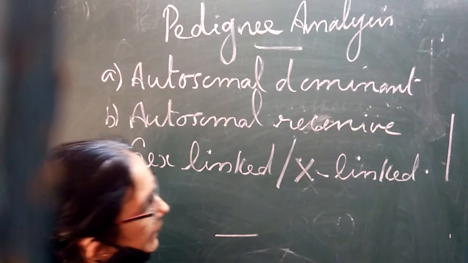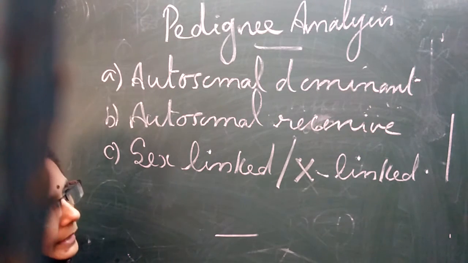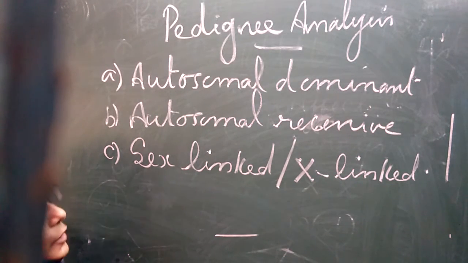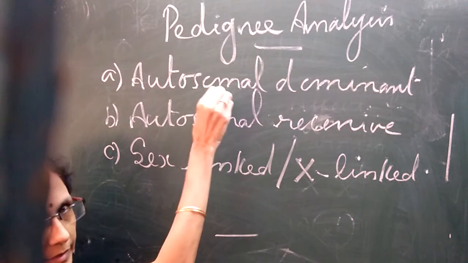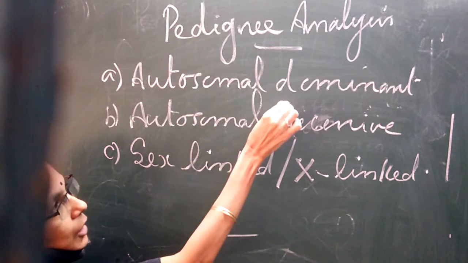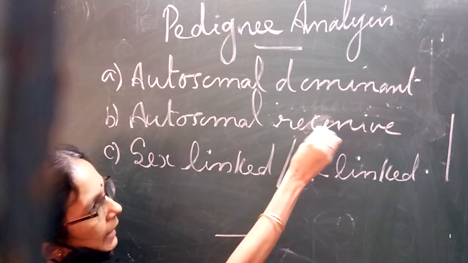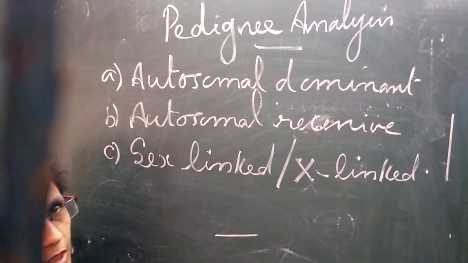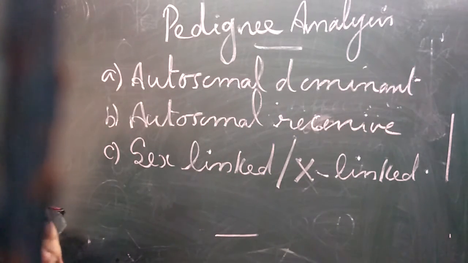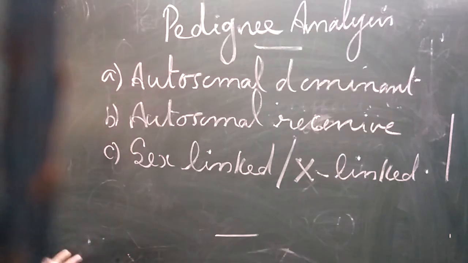So when a pedigree is given, you have to analyze the pedigree and identify whether it is showing autosomal dominant disease or autosomal recessive disease or X-linked disease. Now let us learn one by one.